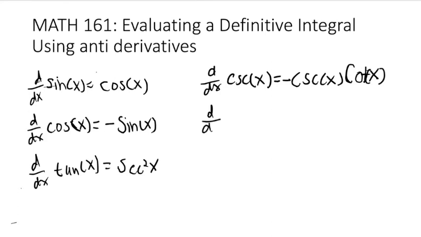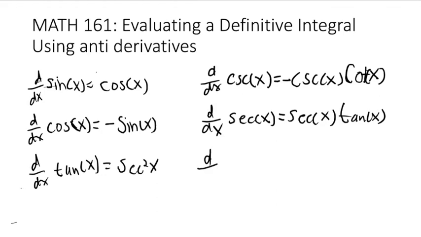The derivative of secant x, which is just 1 over cosine x, is secant x tangent x. And lastly, the derivative of cotangent x is negative cosecant squared x.